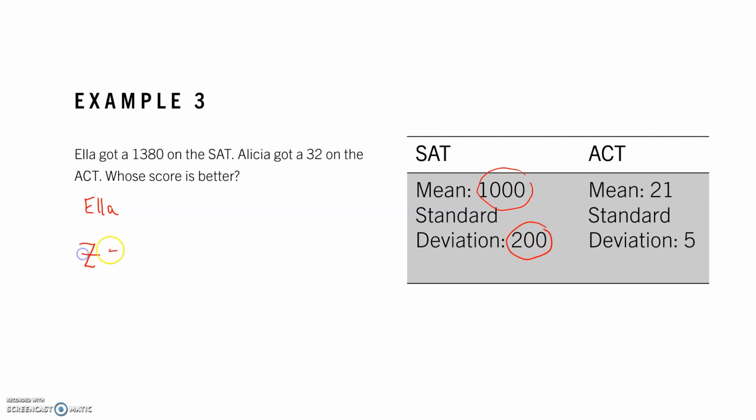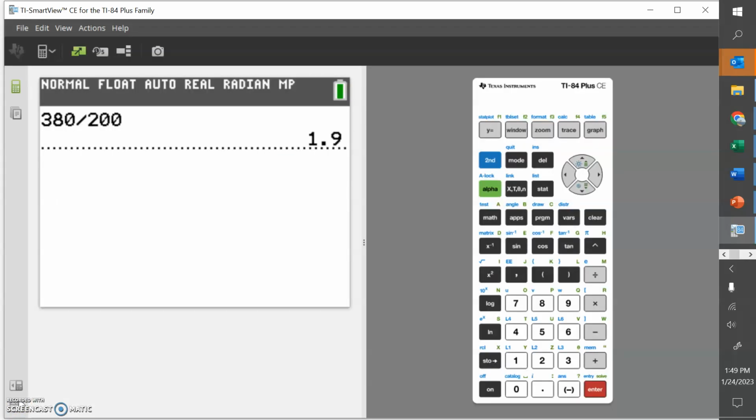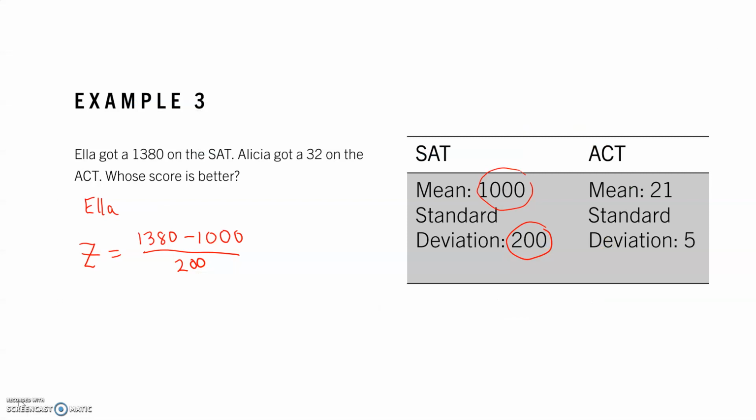Her Z-score is going to be her value, 1380, minus the mean, divided by the standard deviation. So if I grab my calculator, Ella has a Z-score of 1.9. And since her Z-score is 1.9, that means that she's above average, almost 2 standard deviations above the mean, so she's doing very well.